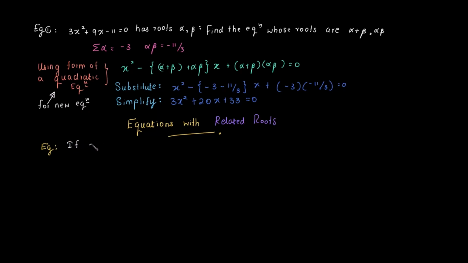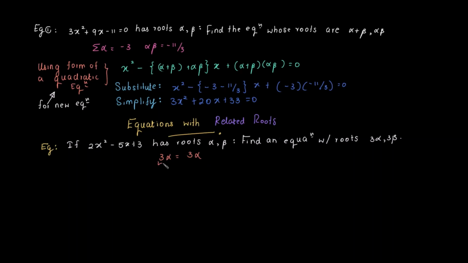So if the equation 2x squared minus 5x plus 3 is equal to 0 has roots alpha and beta, find an equation having roots 3 alpha and 3 beta, so thrice the original roots of that equation. So let's denote the new root by y and the old root alpha by x.